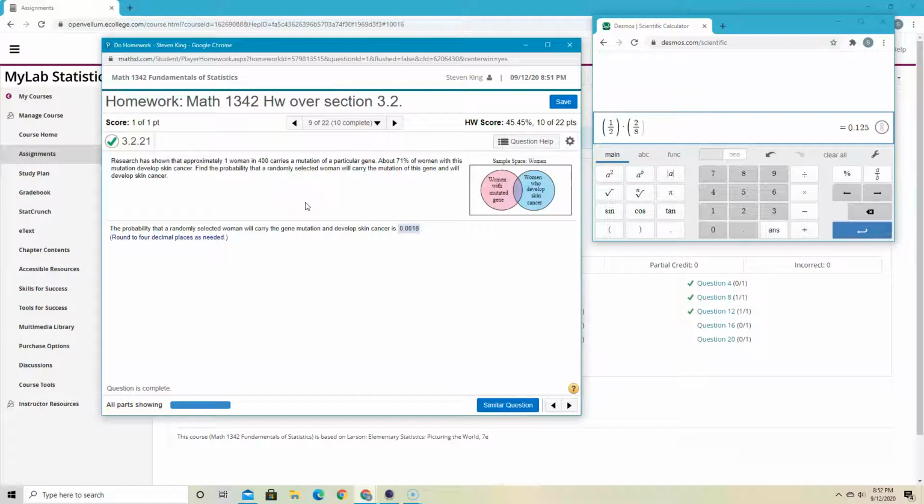That's what research is doing. But they're telling us the research. They're saying, firstly, 1 woman out of 400 is the proportion of women who have this particular gene, but it's mutated. Something changed in it.